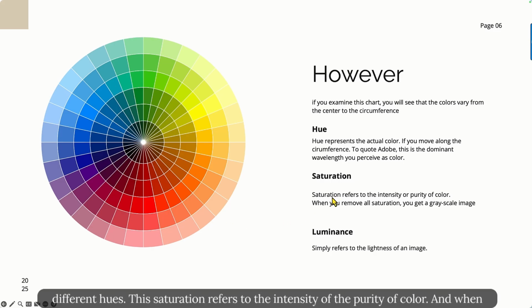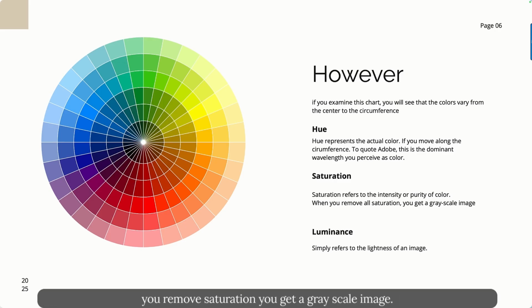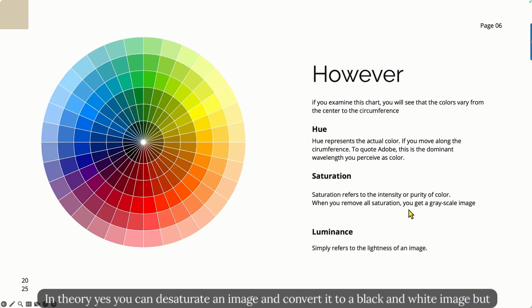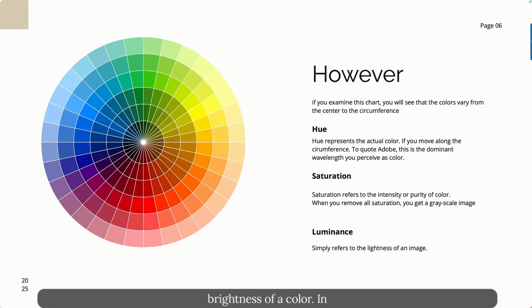Saturation refers to the intensity or the purity of color, and when you remove saturation, you get a grayscale image. In theory, yes, you can desaturate an image and convert it to black and white, but that's not the best way to do it. And luminance simply refers to the lightness or the brightness of a color.